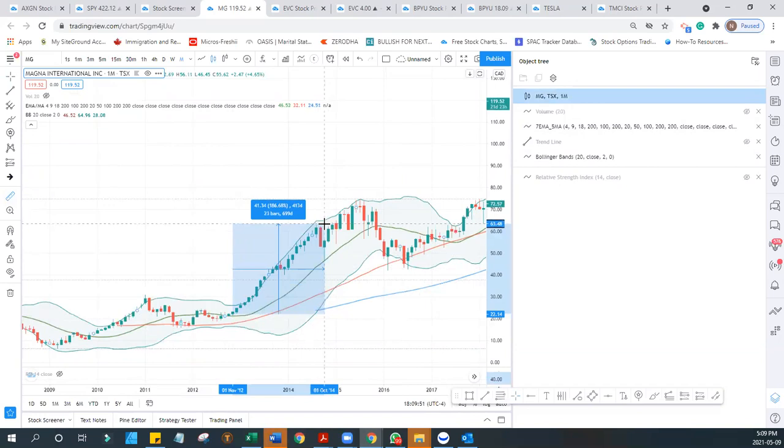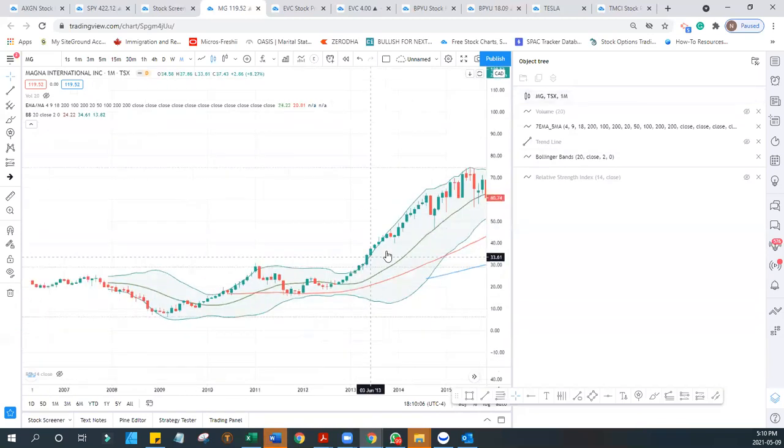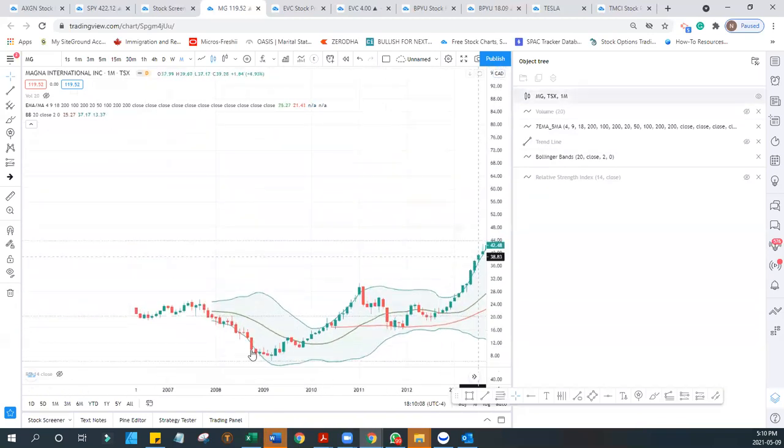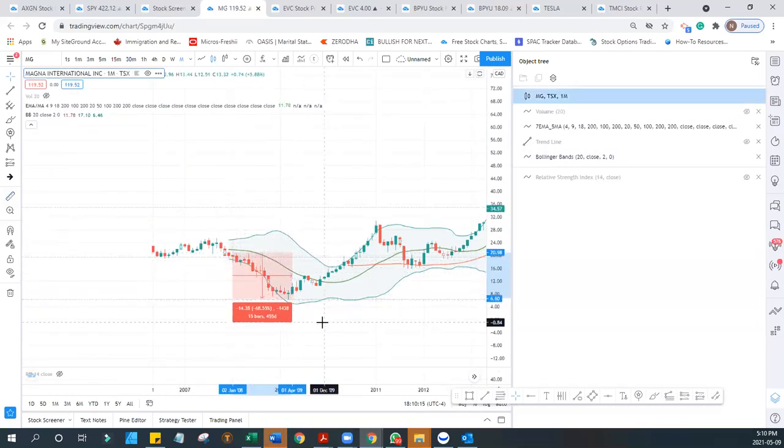It gave almost 200% return, and I'm talking just about walking on the band. That was from September to August 2000, about 1.5 years. And whenever it was walking on the band on a monthly basis downwards, look at this one, almost 168% down.